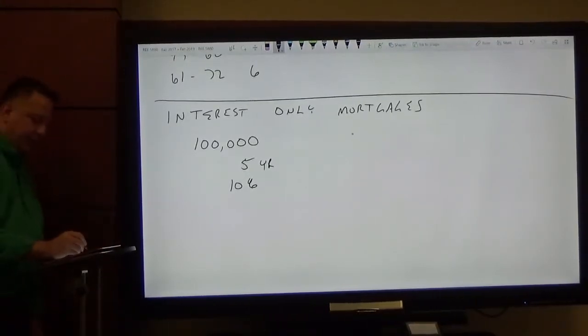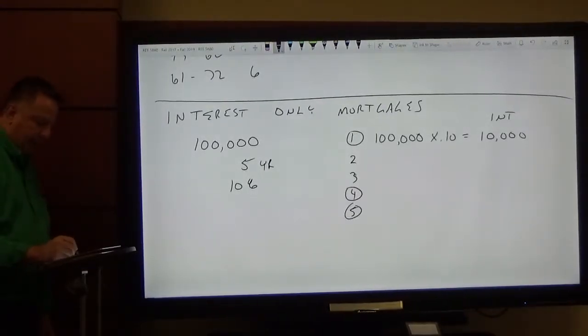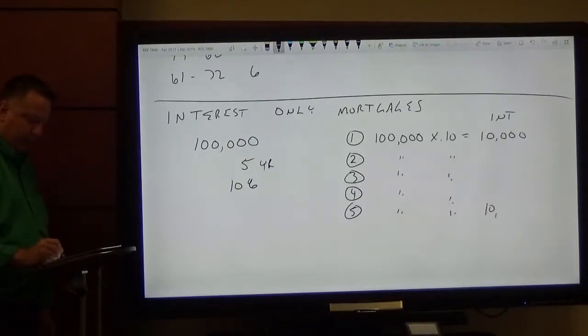But each year, you're just paying the interest. You're paying $100,000 times 10%, or $10,000 a year in interest. And you do that for year 1, year 2, year 3, year 4, and year 5. Same exact thing. Each year, once again, $10,000.